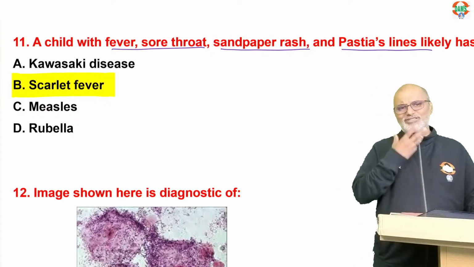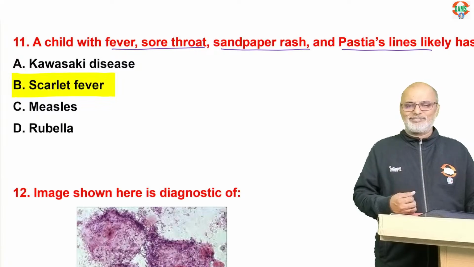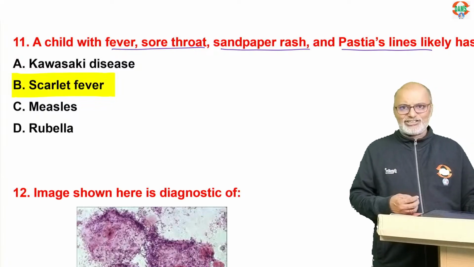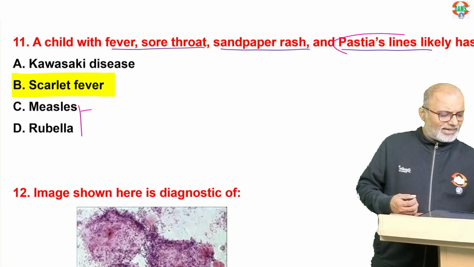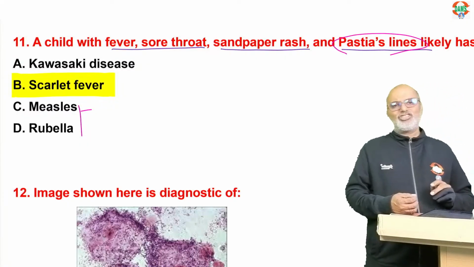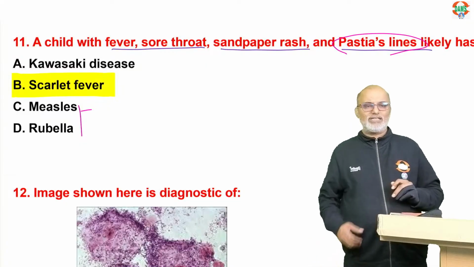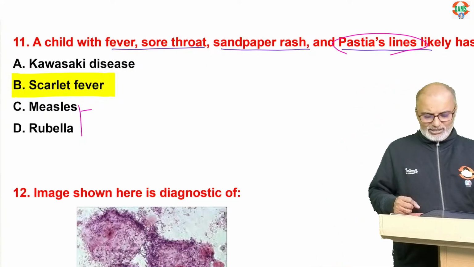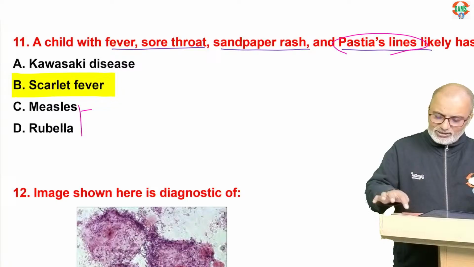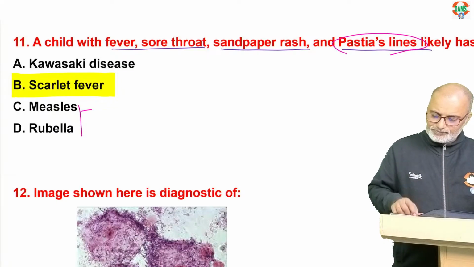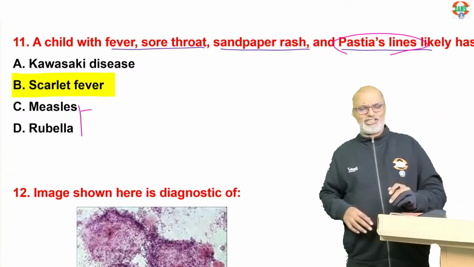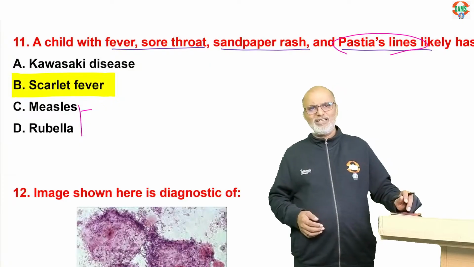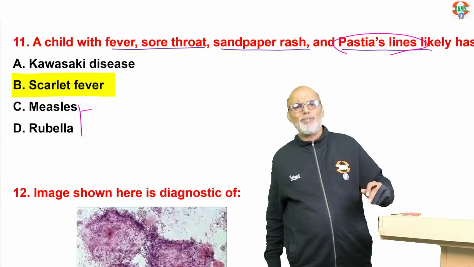Kawasaki disease also has strawberry tongue. Fever with rash, you can think of measles also, rubella also. But Pastia lines, diagnostic, in the popliteal area and many places, you can think of scarlet fever. Pastia lines are a clinical picture of scarlet fever, lines present in the popliteal area.